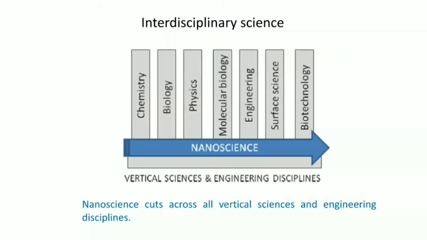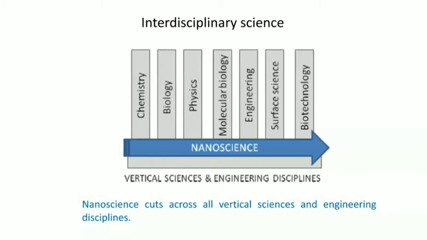Here you can see a chart, and in this chart, if you see carefully, you can see the names of different subjects. Okay, so chemistry, biology, physics, microbiology, molecular biology, engineering, surface science, biotechnology. So all these subjects are there. Okay, these are already available in our study.